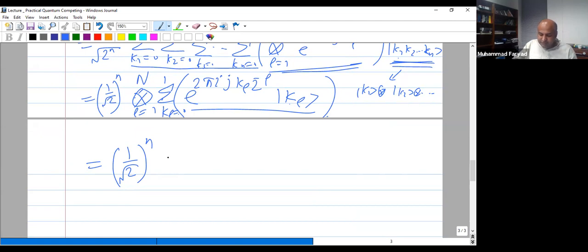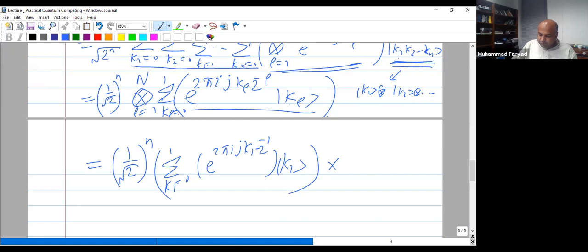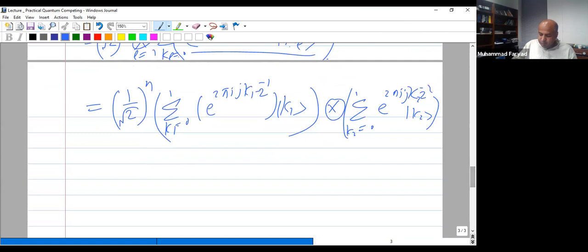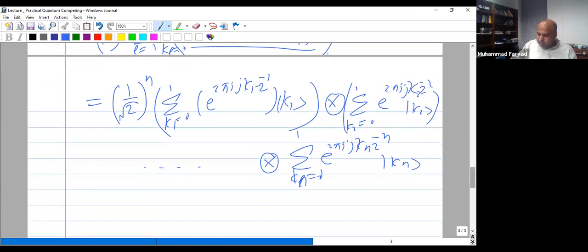This essentially means that I have, the first term, sum over k1 from 0 to 1 exponential 2 pi i j k1 2^(-1) k1, tensor product with the sum over k2 from 0 to 1 exponential 2 pi i j k2 2^(-2) k2, all the way to the last term, sum over kn from 0 to 1 exponential 2 pi i j kn 2^(-n) kn.